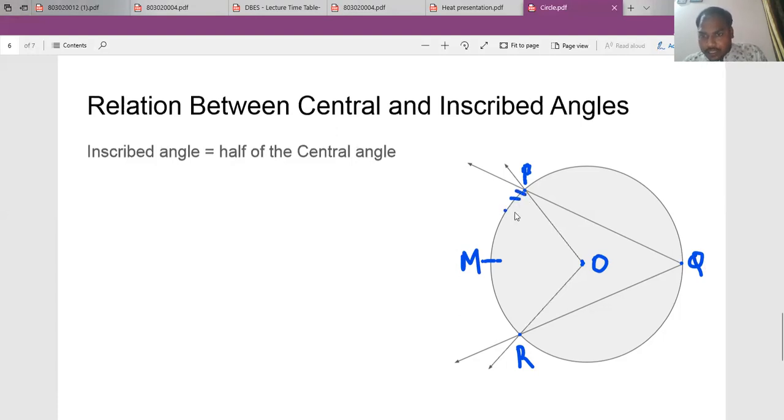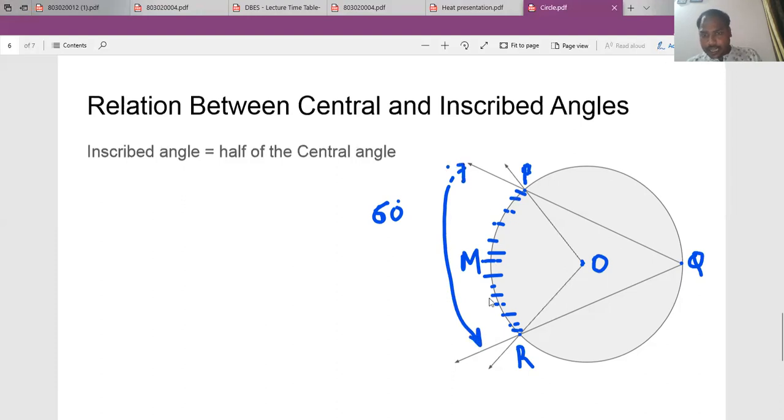I am marking this because I'm going to write the values of this arc. If we have this arc as, let's say, 60 degrees, again I'm taking 60 degrees only, just don't get confused. Let's say this is 60 degrees, meaning from this point to this point. Got it? This represents 60 degrees.